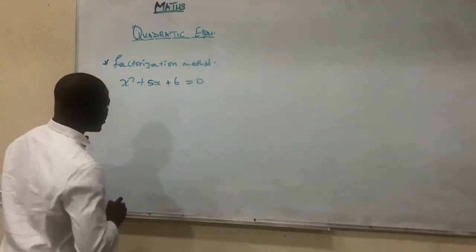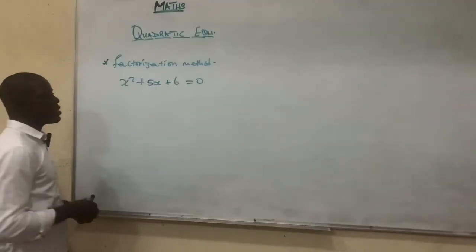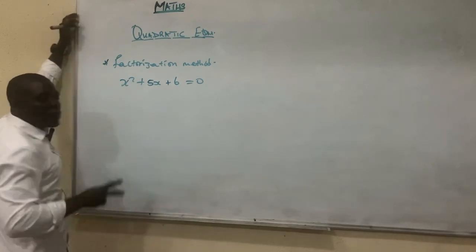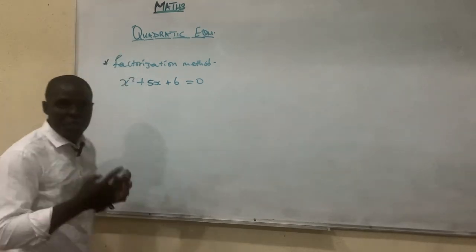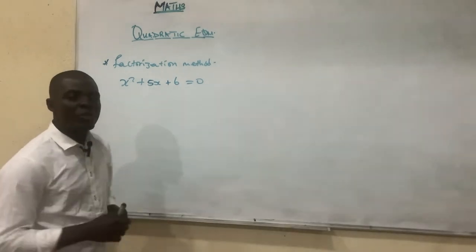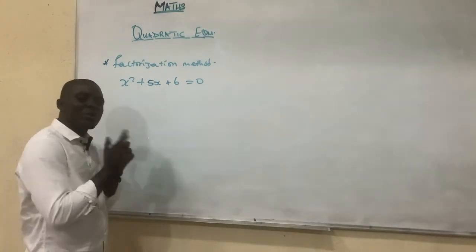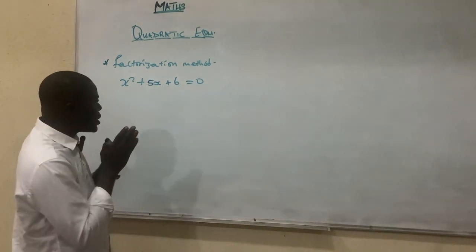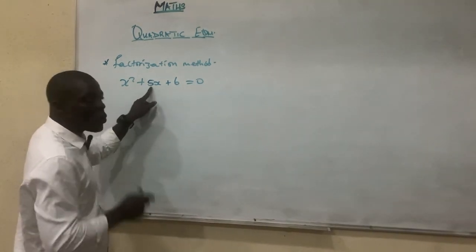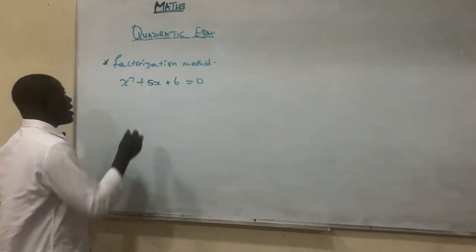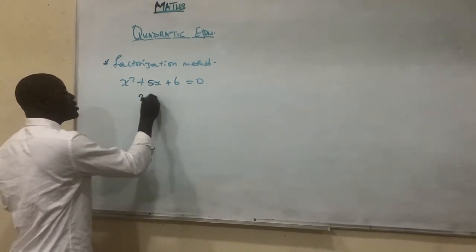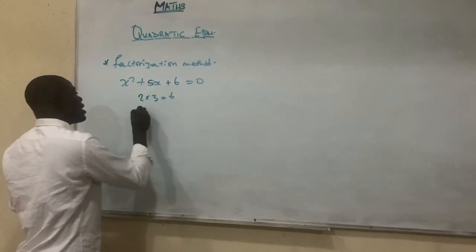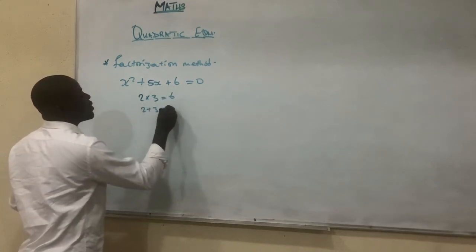The factorization method simply demands that I look for two possible numbers. I will multiply the both of them together to give me 6, and I will add the both of them together to give me 5. What are those two numbers? Can I say 2 times 3 will give me 6? Can I say 2 plus 3 will give me 5?